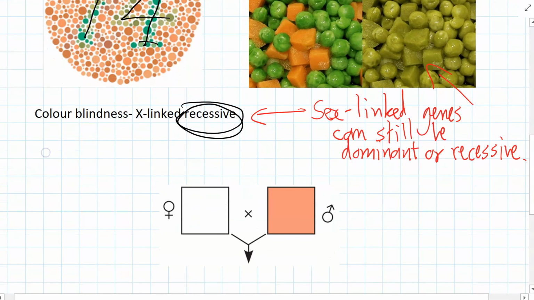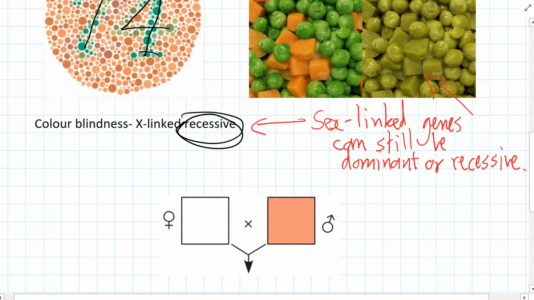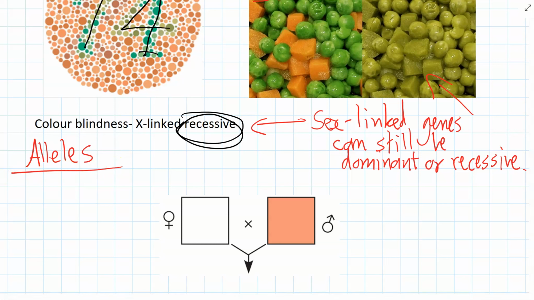Okay, so with colorblindness and with all sex-linked genes, we write their alleles slightly differently because we need to show which chromosome that allele is on. So for X-linked genes, we always write X and then the allele up in superscript at the top here.